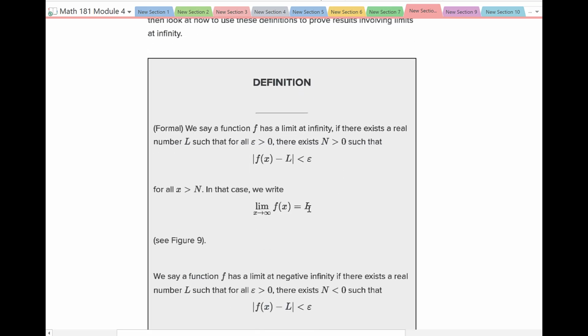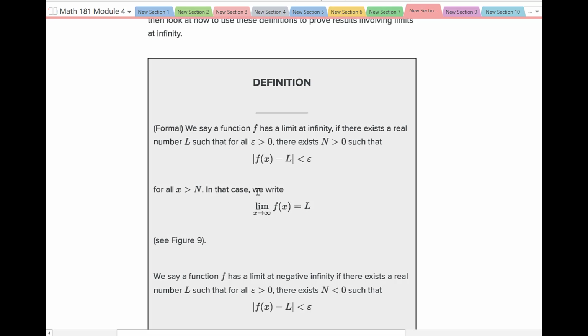So here's the formal definition. This kind of goes back to the epsilon-delta stuff we did before, but instead of having a limit at a point, now it's a limit at infinity. We say a function f has a limit at infinity if there exists a real number L such that for all epsilon greater than 0 there exists n greater than 0 such that the absolute value of f of x minus L is less than epsilon for all x greater than n.